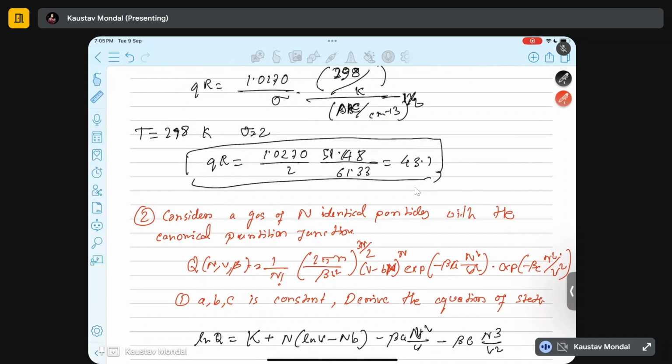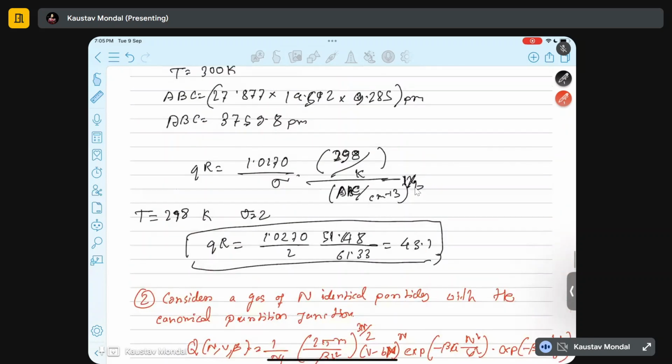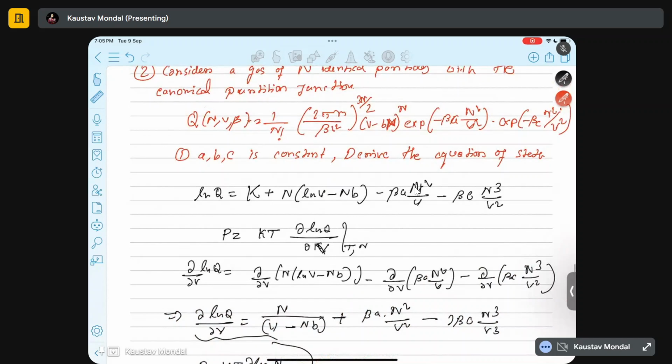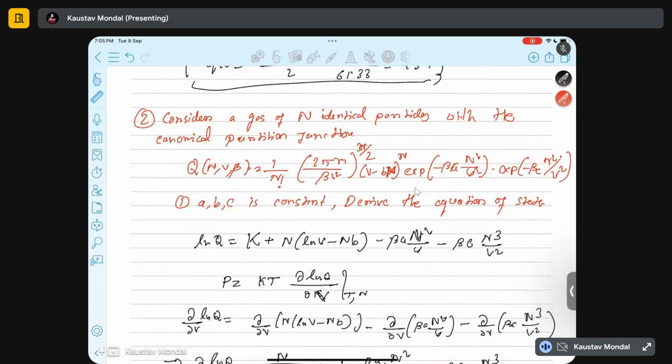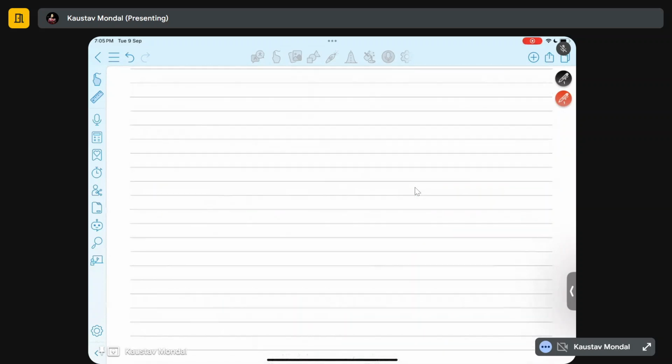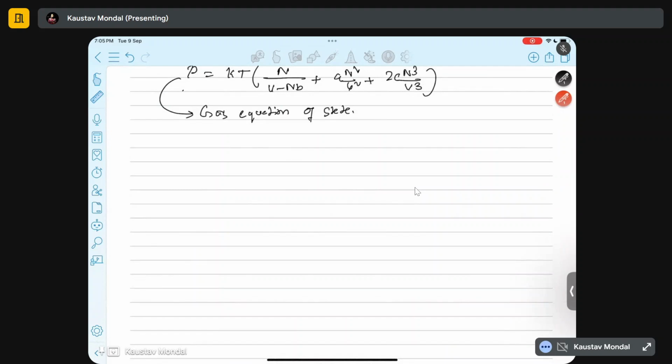At very low temperature, like almost room temperature, it is not able to push the system towards higher or more numbers of rotational energy levels. Anyway, so this one problem we have done. Next we have derived the equation of state for a particular gas. If you know its canonical partition function, from there you can easily derive the gas equation of state. Okay. Now we will do another problem.